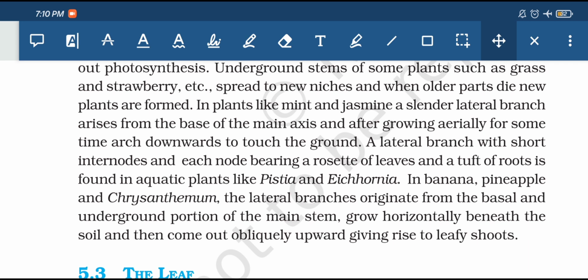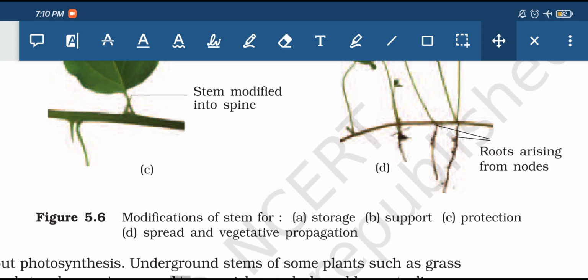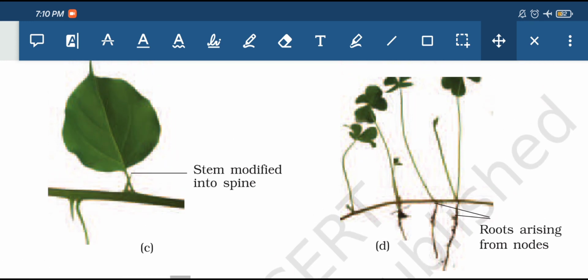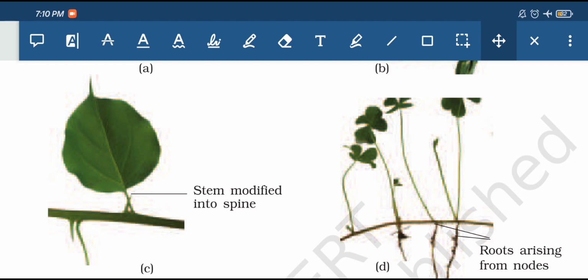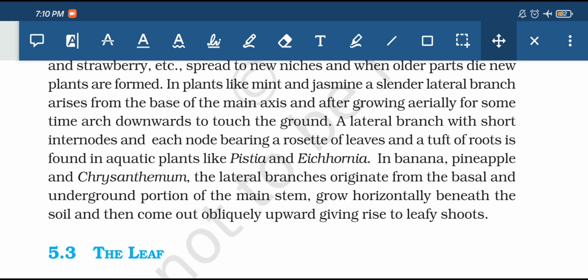This is for Eichhornia and Pistia. This is a very simple statement, you can understand. If you are not understanding, you can see the diagram, that is very clear.